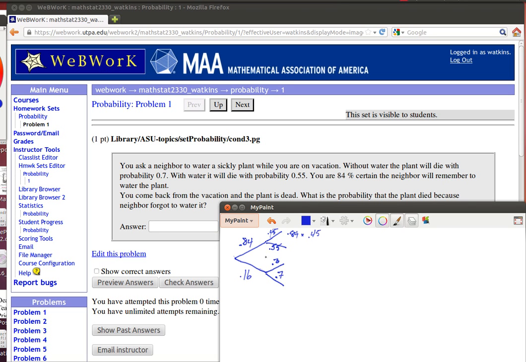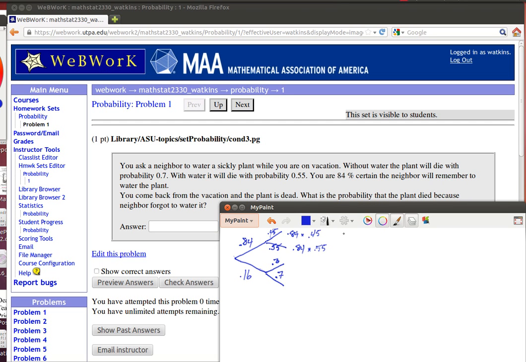Now you can calculate that yourself. 0.84 times 0.55 is the probability that it gets watered and then it dies. 0.84 times 0.55. Now these are "and" situations: it gets watered and it lives, it gets watered and it dies.